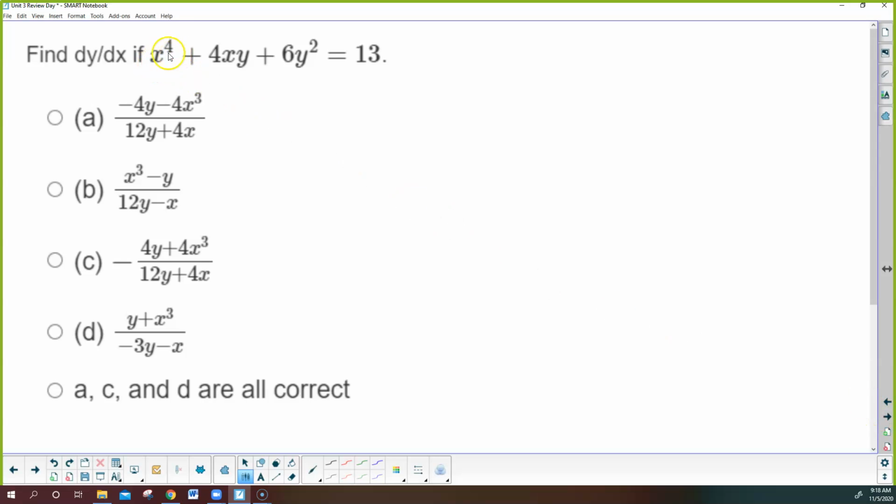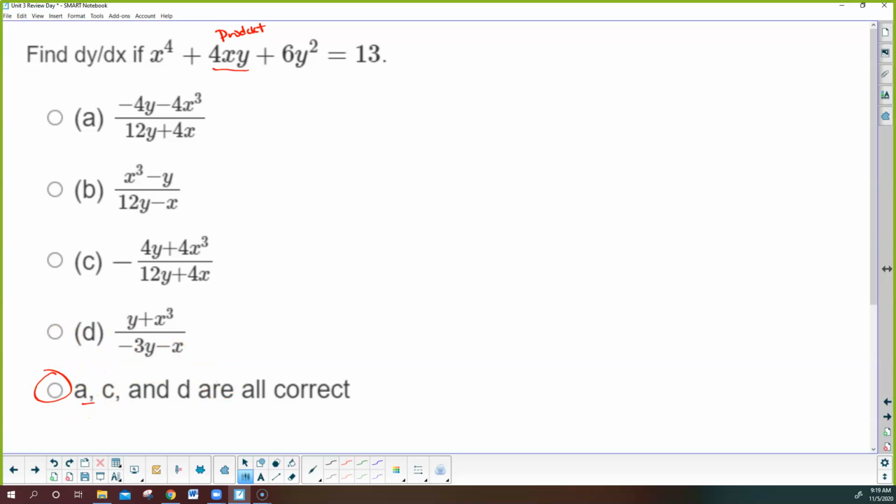This one, find the derivative implicitly. Notice you have a product rule right here. We just went over one like this, but you're going to have dy/dx's, so you have to find the derivative and then move all the dy/dx's over to one side. Here's the thing, this problem is a little tricky.